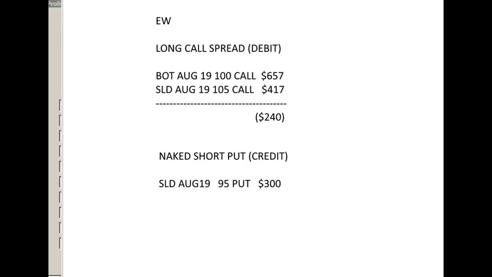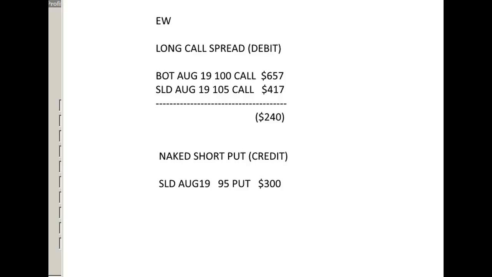A short time ago we talked about a trade in EW, Edwards Life Sciences. We were looking to make a long trade. And what we did was we looked through and we found that the August 19th expiration, which is the regular August expiration cycle, had the best liquidity in the relative near term.